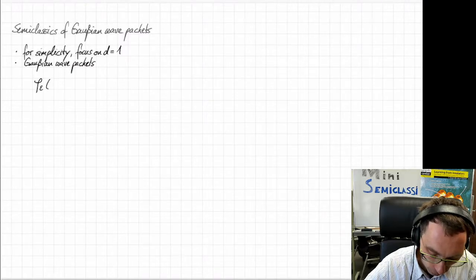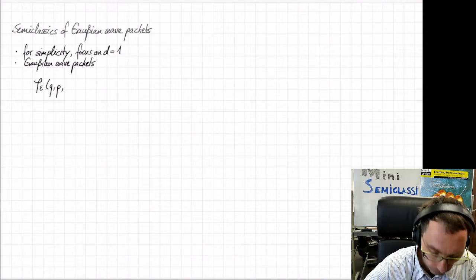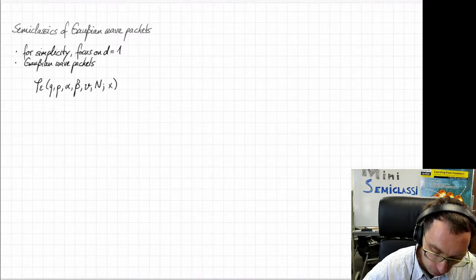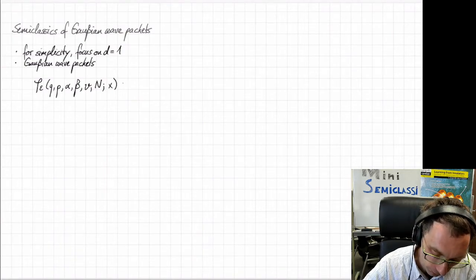And they depend on a whole bunch of parameters. So they depend on an average position Q, an average momentum P. Then I have two parameters alpha and beta. I have a phase nu and a normalization n. And of course, they should be regarded as a function of x.